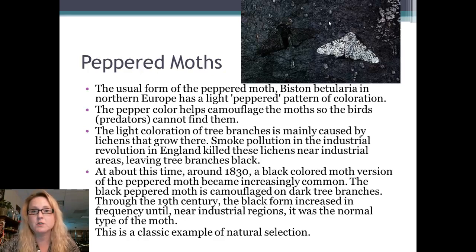So the population almost completely changed from this white speckled variety you see right here, to this black speckled variety you see right here. This is a classic example of natural selection. Something in the environment was selecting against this white speckled moth and selecting for the black speckled moth. And so the population frequency went from a very high frequency of white speckled moths to a very high frequency of black speckled moths.